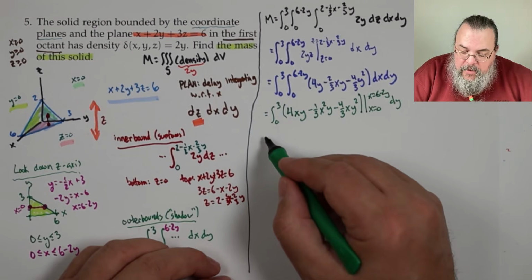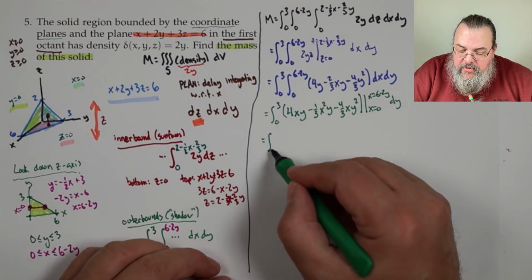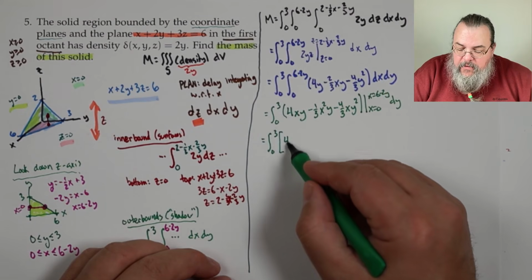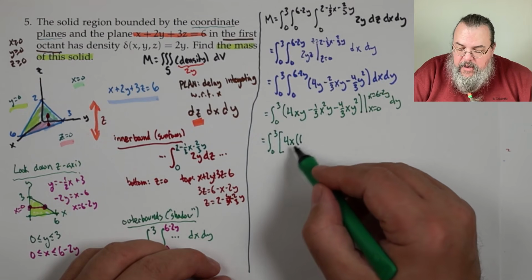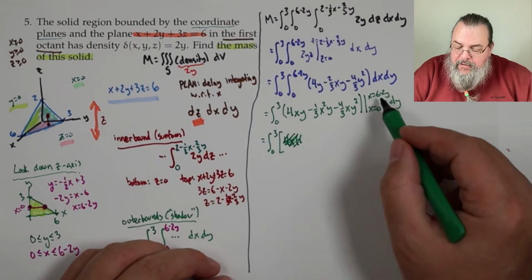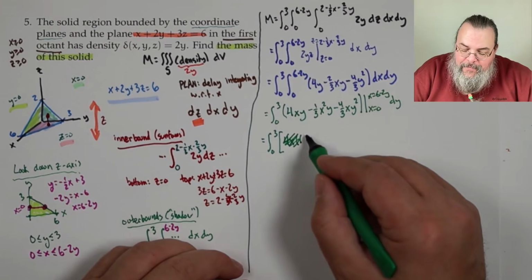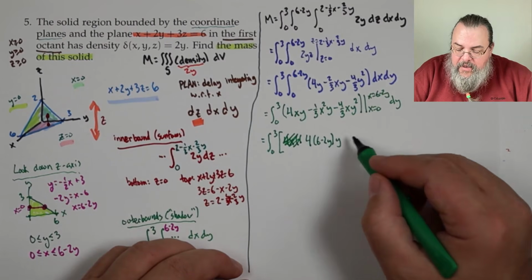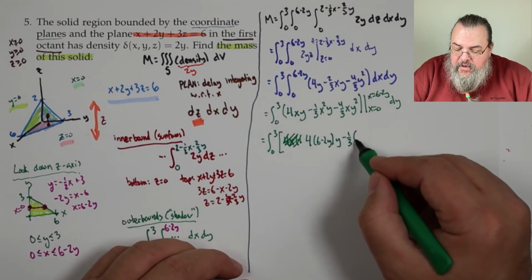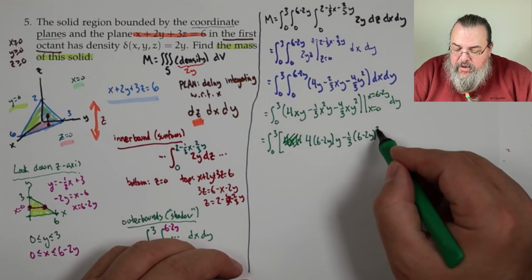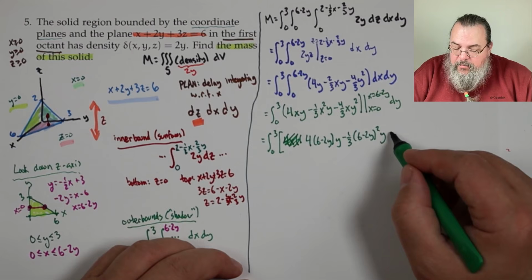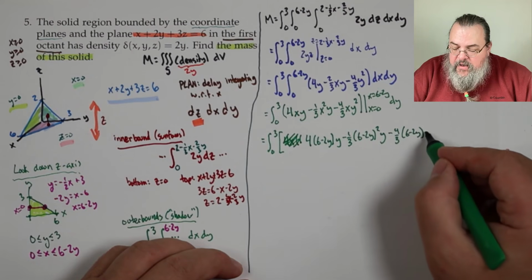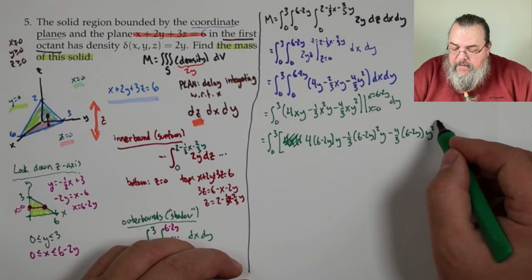So, what does this become? Integral 0 to 3 of, not 4x, I'm sorry, I'm replacing x: 4 times 6 minus 2y times y, minus 1/3 times 6 minus 2y squared times y, minus 4/3 times 6 minus 2y times y squared. Okay.